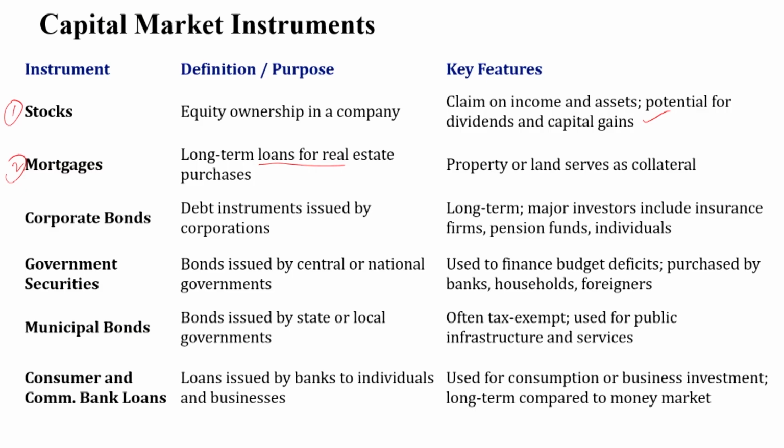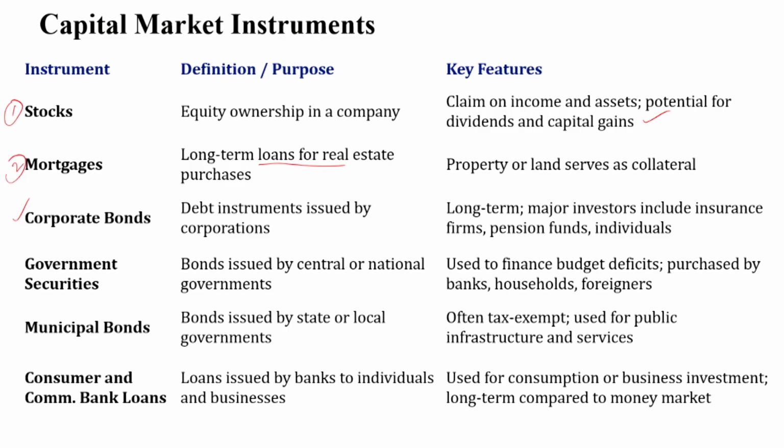Then, moving to another capital market instrument, corporate bonds. These are debt instruments issued by large corporations. Commercial paper is also issued by corporations, but it is short term. When they issue debt for more than 1 year, that is called corporate bonds, raised for expansion or operation.